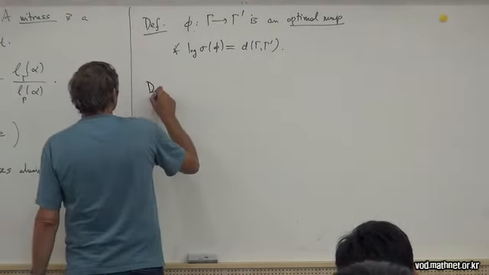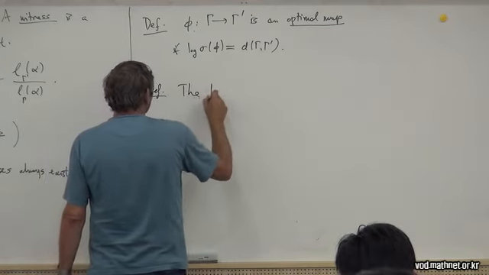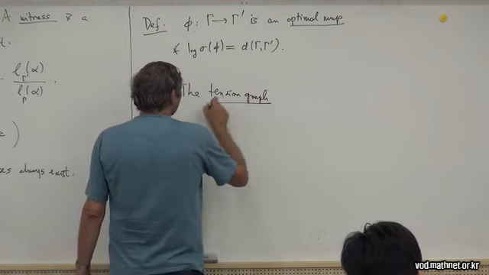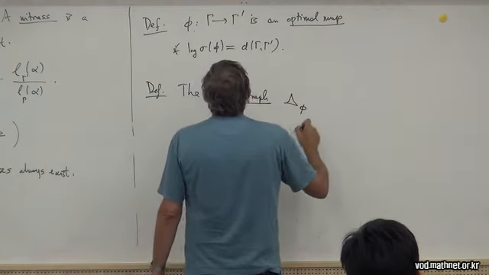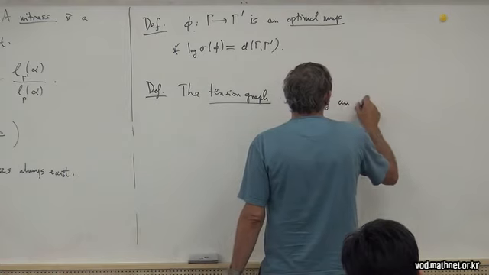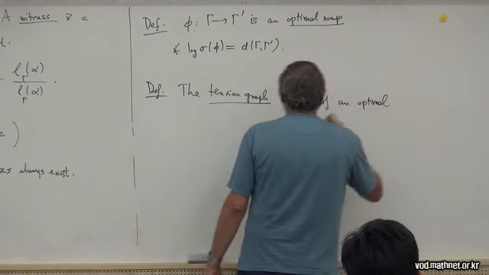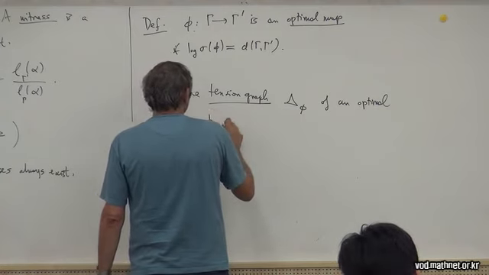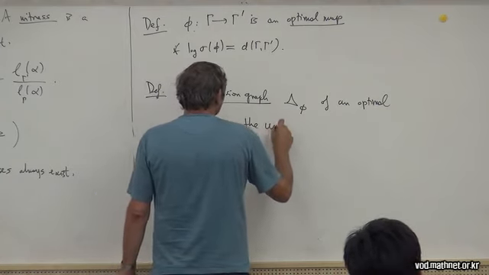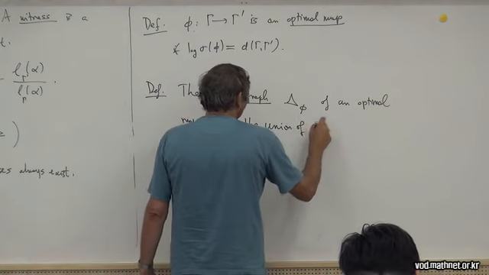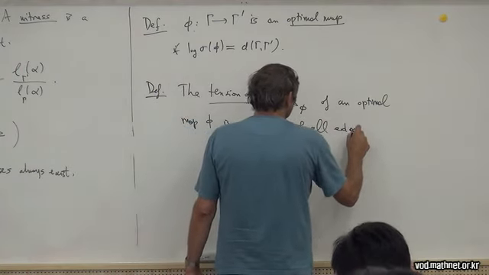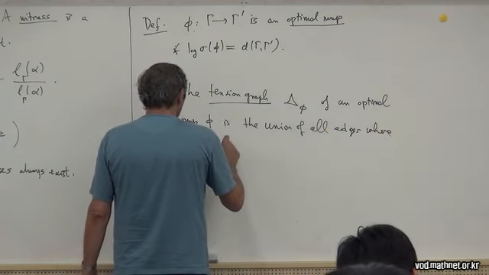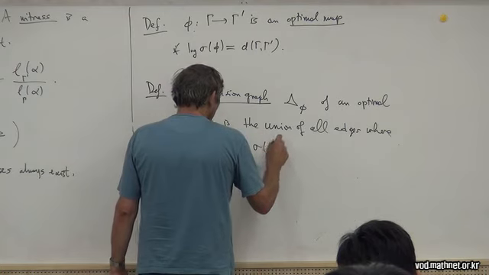Okay, another definition, the tension graph. The tension graph, delta phi, of an optimal map phi is the union of all edges where the slope is equal to sigma of phi.